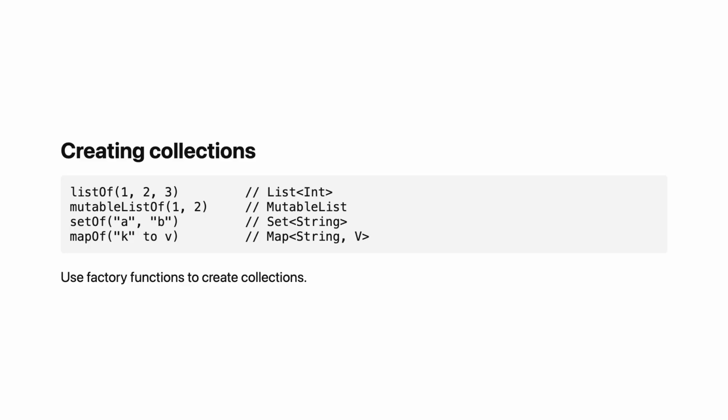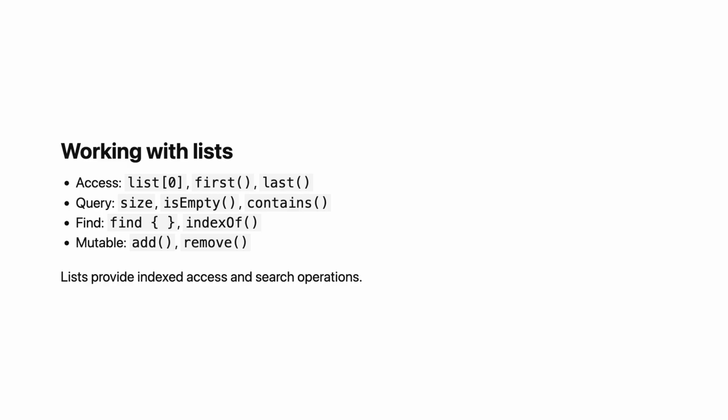Type inference works. listOf(1, 2, 3) is List<Int>. The compiler knows. Access elements by index: list[0] or list.get(0). First and last: list.first(), list.last(), and the safe versions firstOrNull() and lastOrNull(). Size: list.size. Is it empty? list.isEmpty(). Contains: list.contains(element) or element in list.